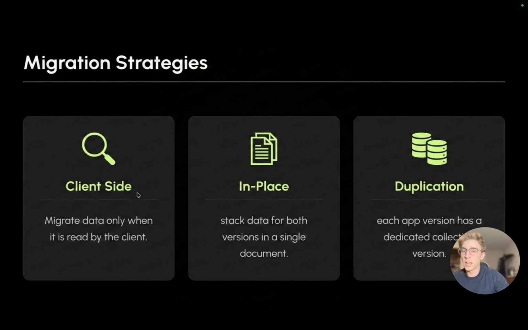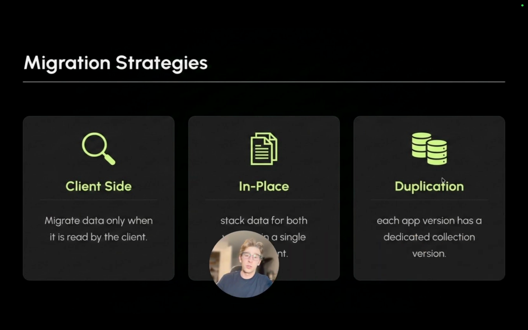So client-side migrations, you're essentially migrating data only when it is read by the client. In-place migrations is you're essentially stacking all of your data in the same collection and in the same document, so each document is capable of serving every possible version of the app. And then in your duplication strategy, essentially each app version has a dedicated collection version.